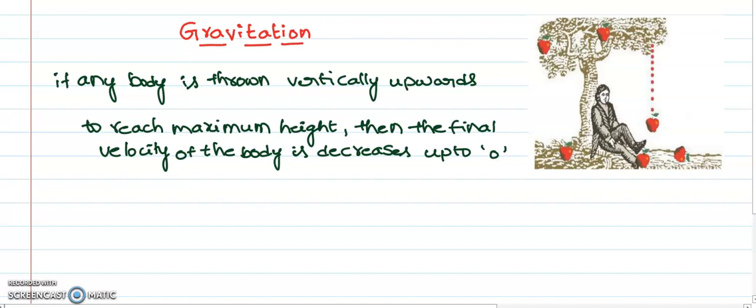If any body is thrown vertically upwards to reach maximum height, then the final velocity of the body decreases up to zero.